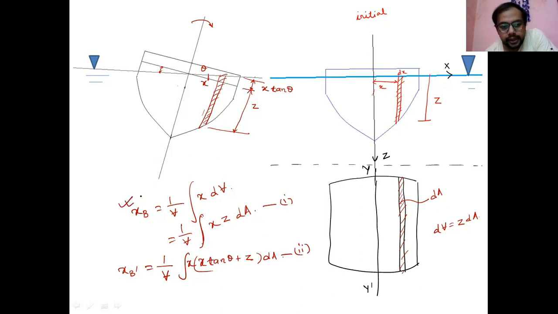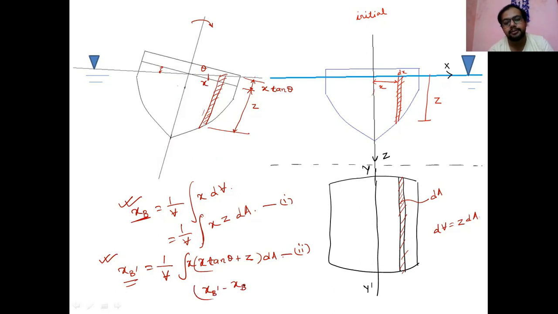So this is for the initial position of center of buoyancy. This is the new position of the center of buoyancy. So what has changed? What is the displacement of the center of buoyancy?